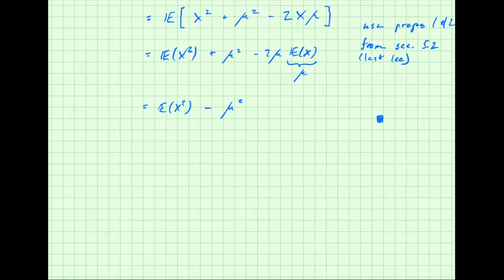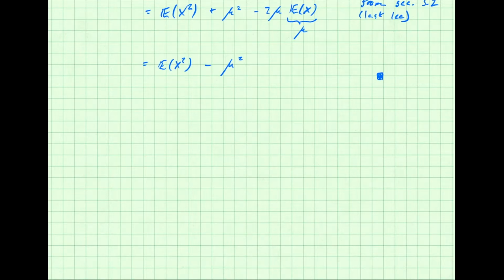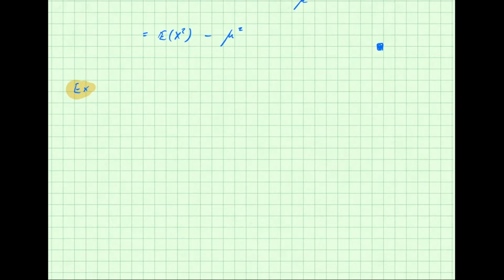Okay, now let's just try a little bit of an example. So we'll try and compute a variance. We'll do an example for one of the simplest distributions, maybe the simplest distribution. So let's say x is Bernoulli distributed with parameter of success p, and then the goal is to find the variance of x.